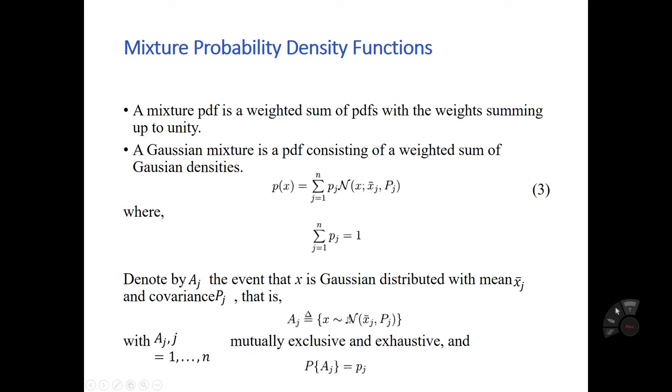The A_j are mutually exclusive and exhaustive, and the probability of A_j equals P_j.